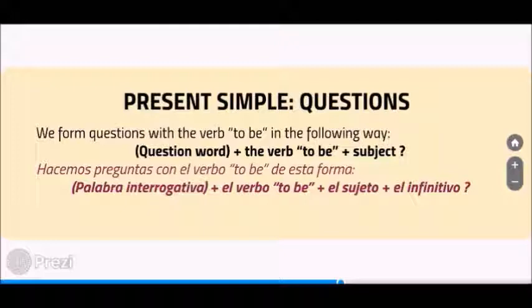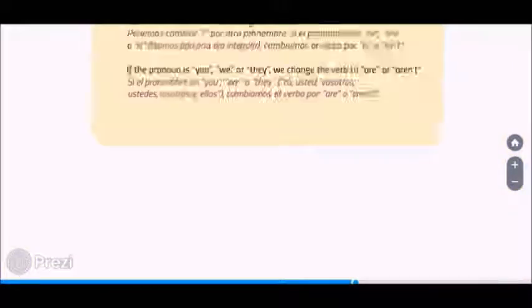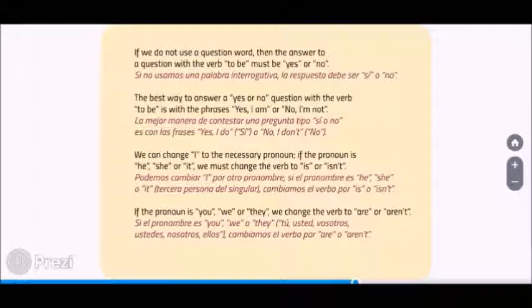We form questions with the verb to be in the following way. Question word plus the verb to be plus subject. If we do not use a question word, then the answer to a question with the verb to be must be yes or no. The best way to answer a yes or no question with the verb to be is with the phrases yes I am or no I'm not.